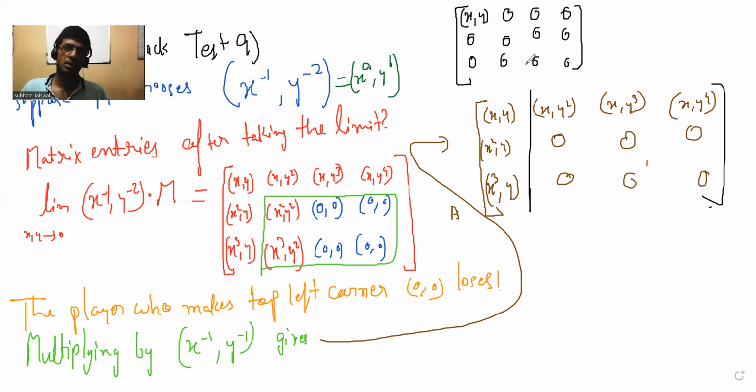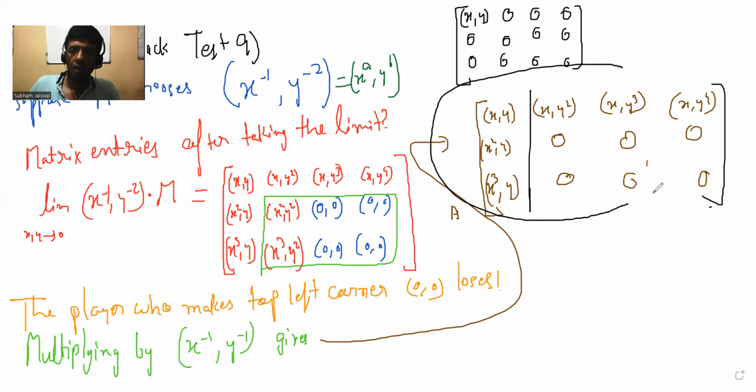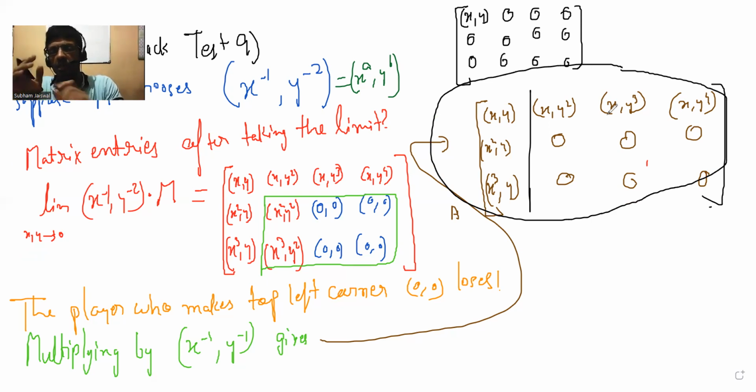Just think. Can anybody give a strategy of how A can lose from here? What should B do so that A certainly loses from here? Let's just think about the small case once.